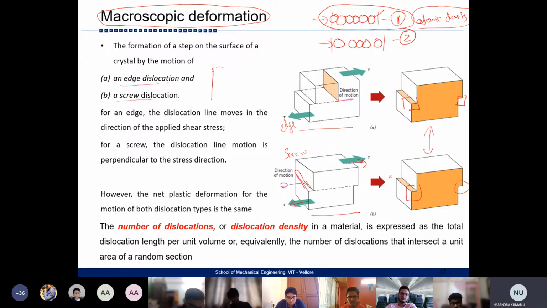So I'll draw one cube now. X, Y, this is my origin. This is an FCC cell, okay? FCC I am putting. So I am going to draw one direction.